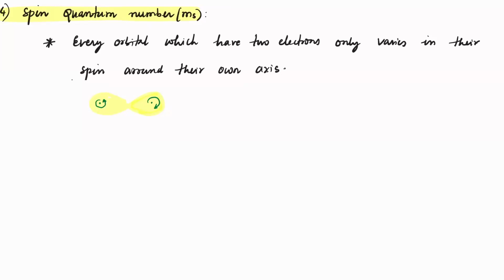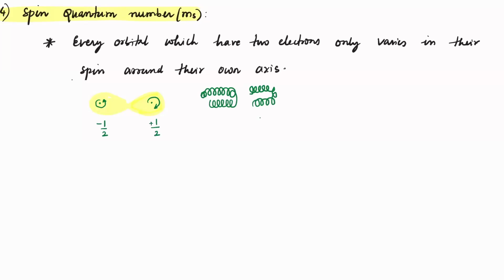The other way is that if you assume the electron to be like a wave, imagine it making a helical wave form like this in a confined space, and the other one making a clockwise helical form like this. One is designated as plus half and the other is designated as minus half.